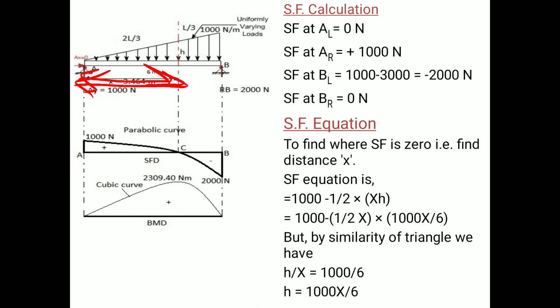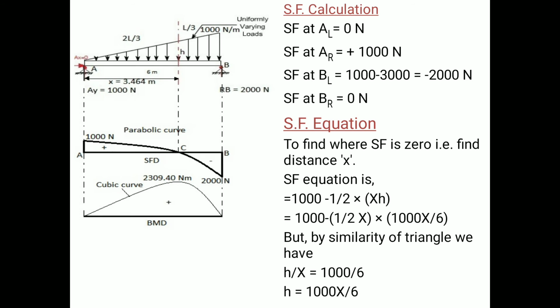Now how to write down the shear force equation? Shear force equation means, again, it is the sum of all the vertical forces up to point C. Therefore this shear force equation is 1000, meaning this RAY value which is acting in upward direction, means positive, minus 1/2 into x into h, because this one is a triangular portion, and that triangular portion we have to convert into a point load.